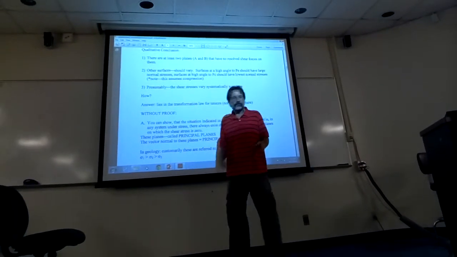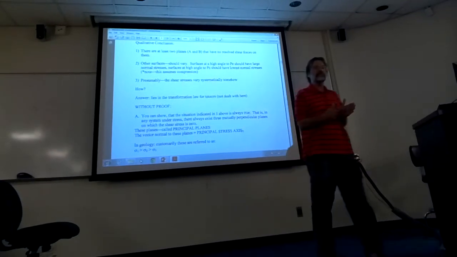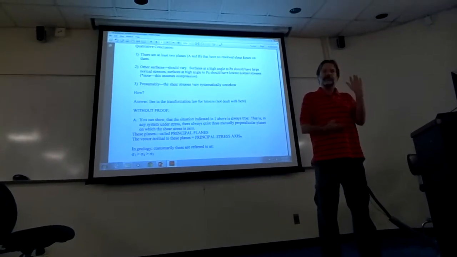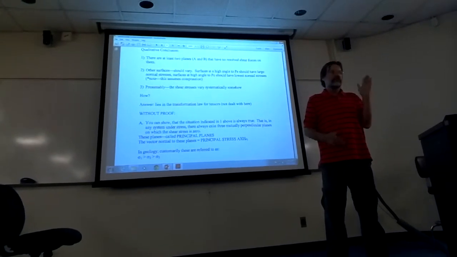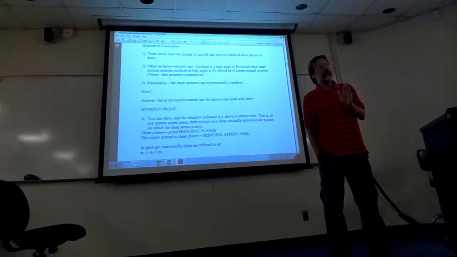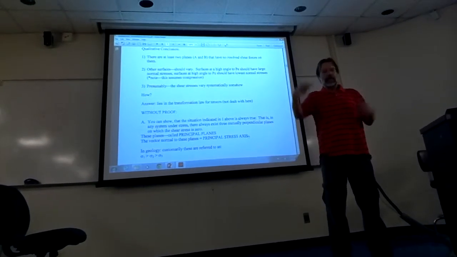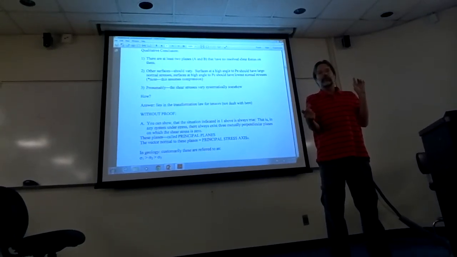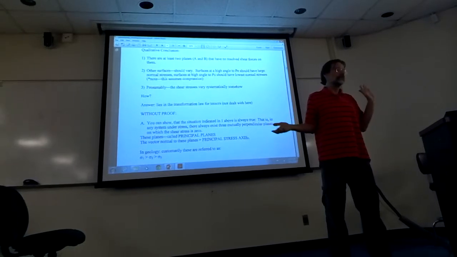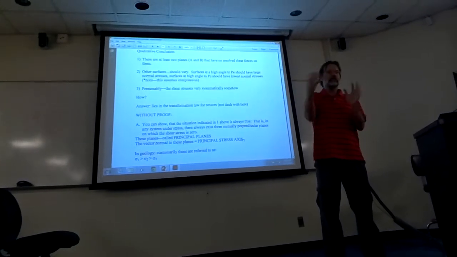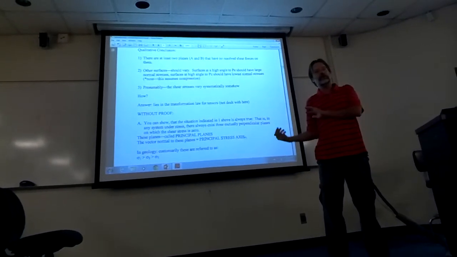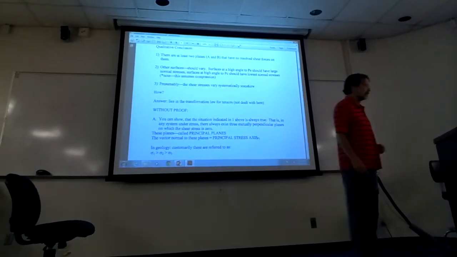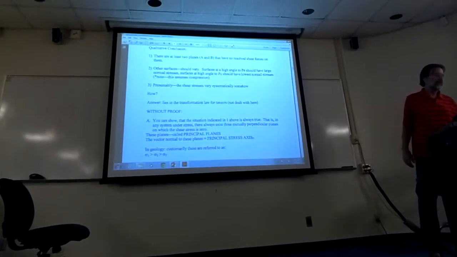And sigma 3 is the smallest. It's the least compression across it. But remember, each of those principal planes has no shear stress on it. It's the stress equivalent of the axes of the strain ellipsoid, where there were no shear strains. Remember? You take the box and squash it, you just get the same effect. This is geometrically equivalent to that, but in this case, it's the forces, not the geometry.